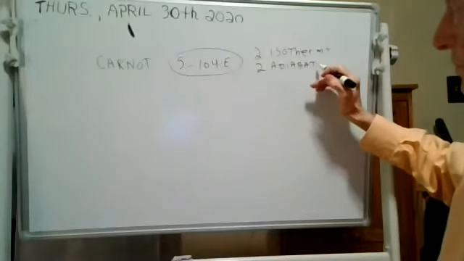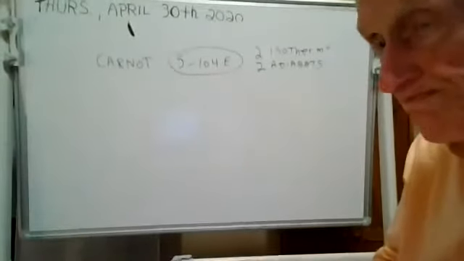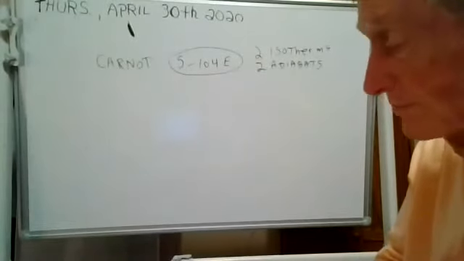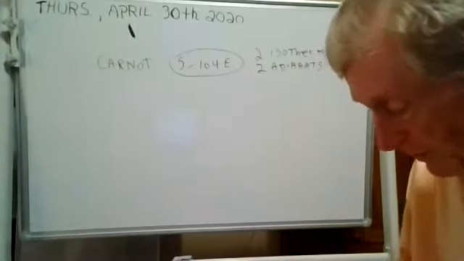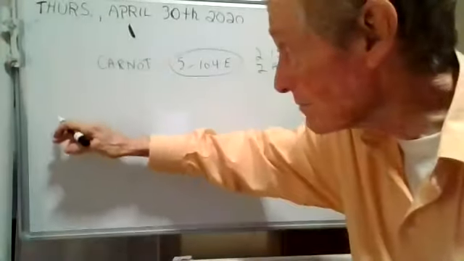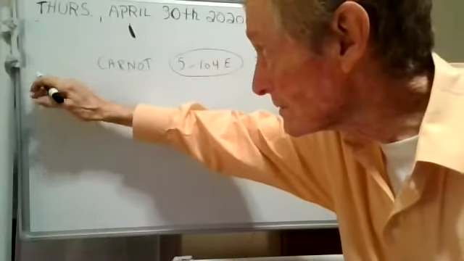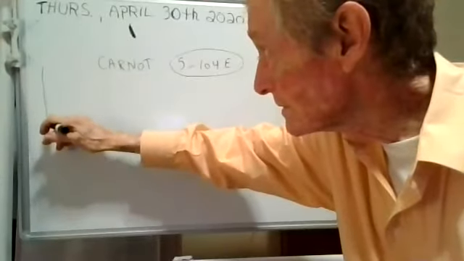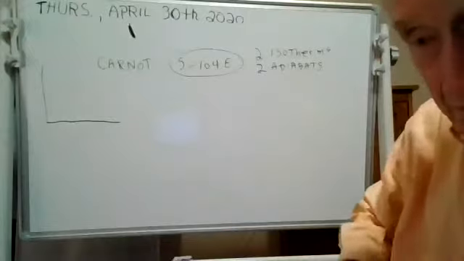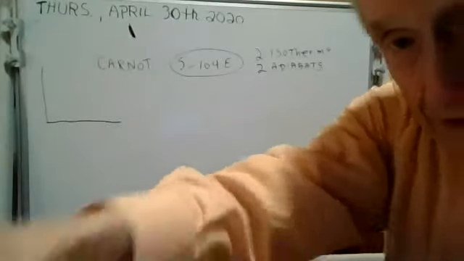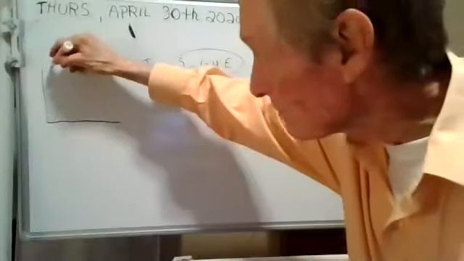And it's reversible. Okay, well, let's look at ours here. And now we're dealing with air. Let's draw the cycle here. We've got 2 isotherms, so we'll put those in red. Here we go.